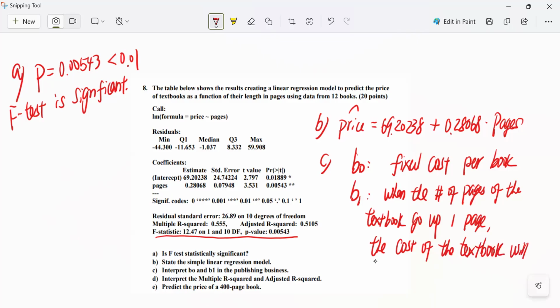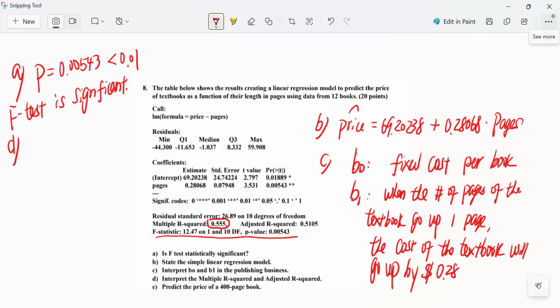28 cents a page. So that's how we interpret B0 and B1. And D, interpret the R square. In this case, it's the multiple R square.